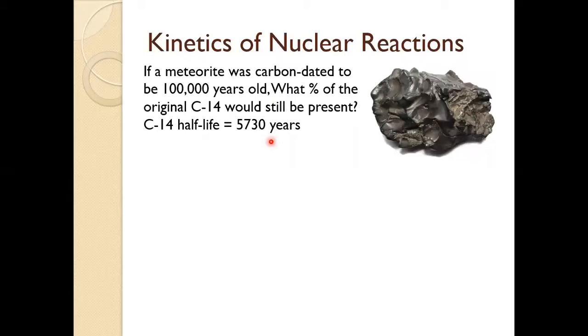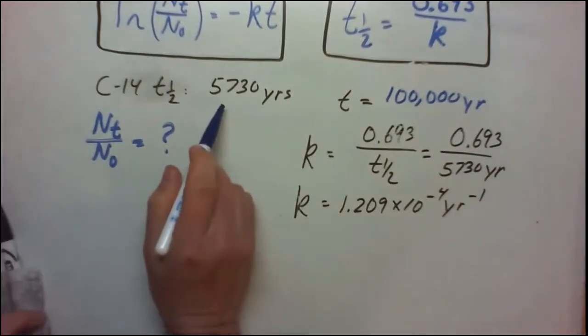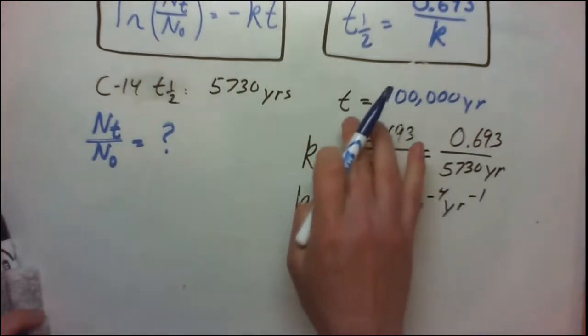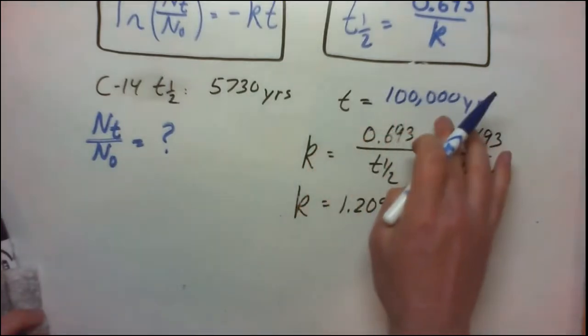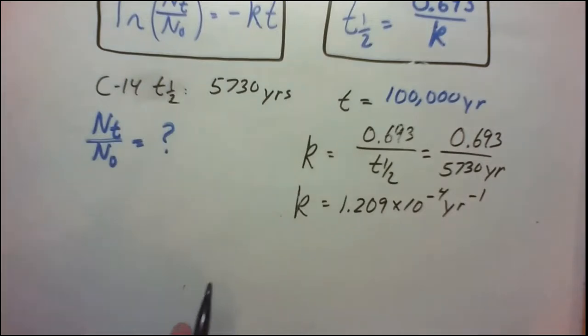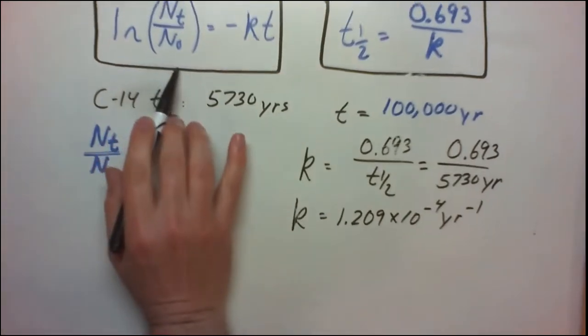So let's see, we use the same equations, but just a little bit different application of them. So it's still carbon-14, so still same half-life, same decay constant. Here, though, we're told that the age is 100,000 years, and then we're asked to determine this ratio. So because we already know the rate constant, and we're asked to determine this ratio, we can use this equation.